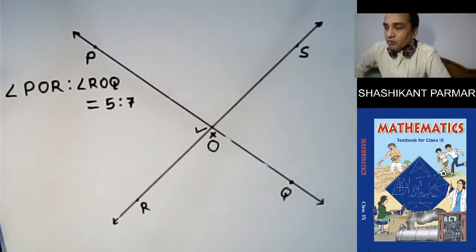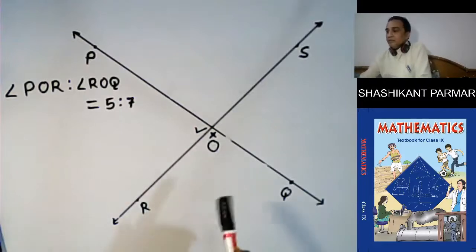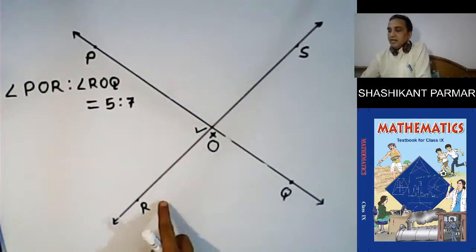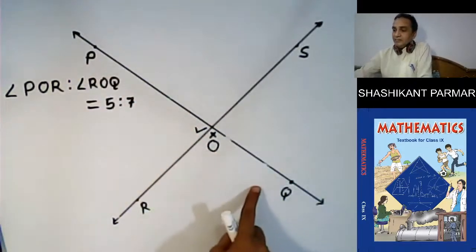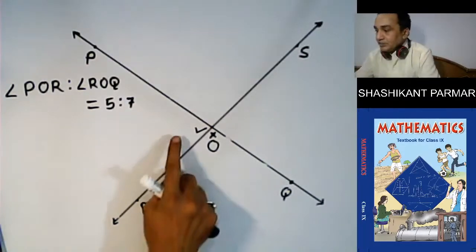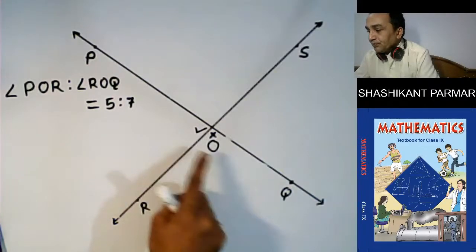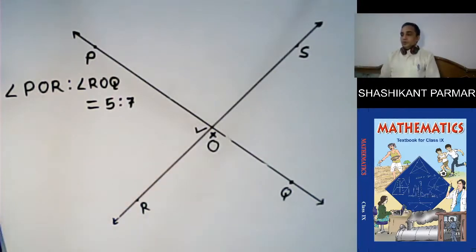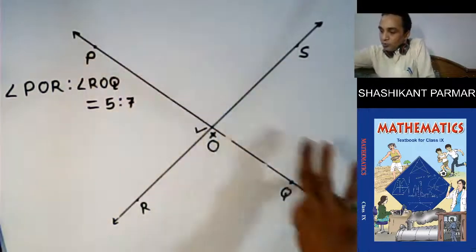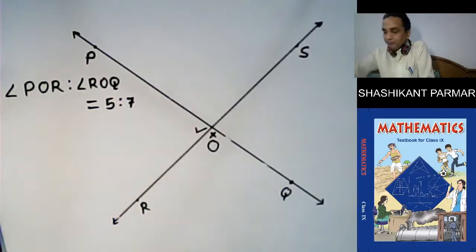linear pair of angles. Remember, when a ray stands on a line, then the adjacent angle sum is 180. So there is a line PQ and a ray OR standing on line PQ.